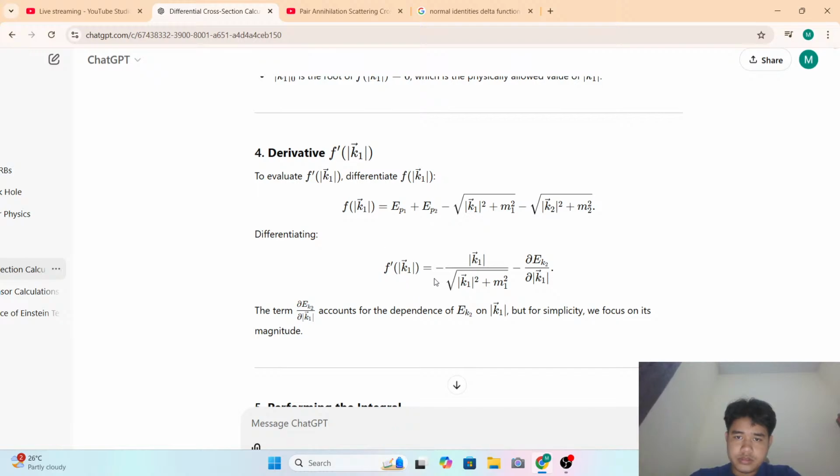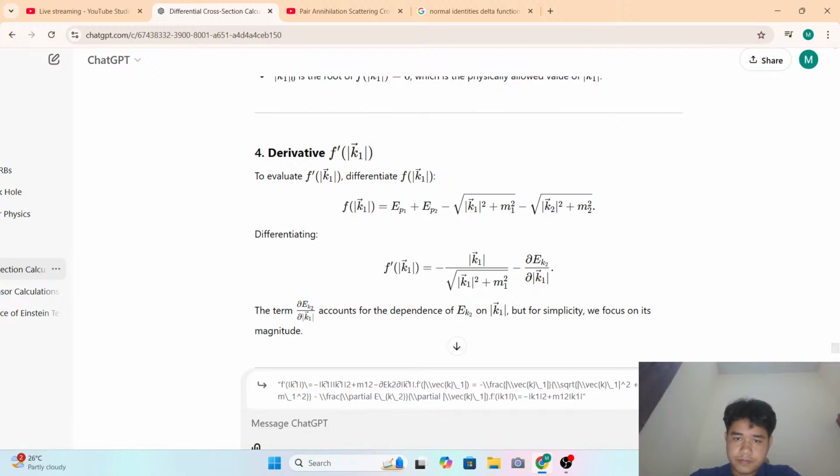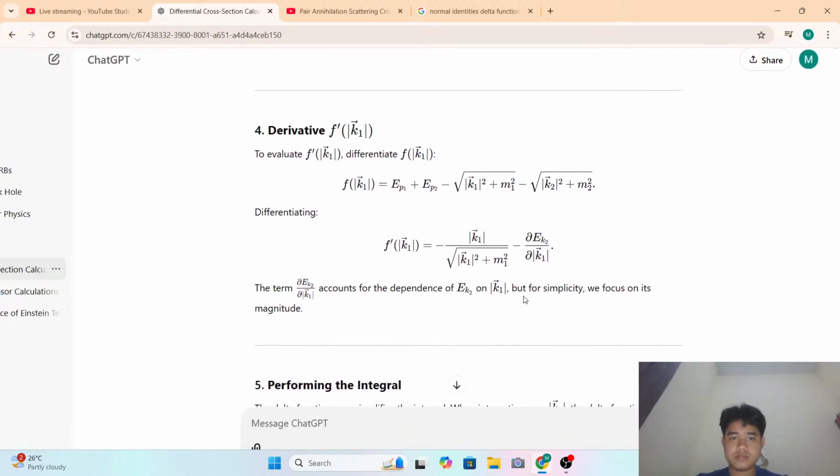Differentiating this becomes this. Oh, you can do that? You can apply it like that? Wow. This is getting interesting.